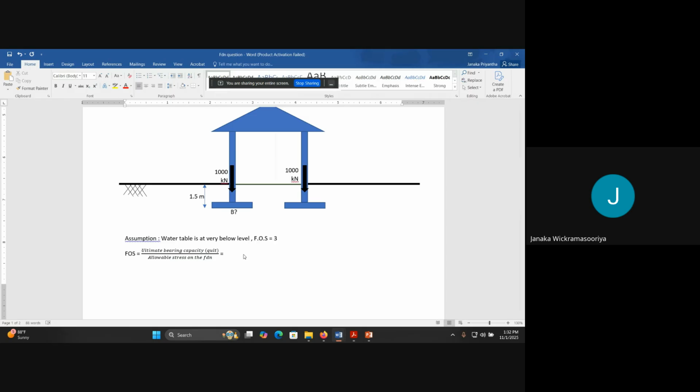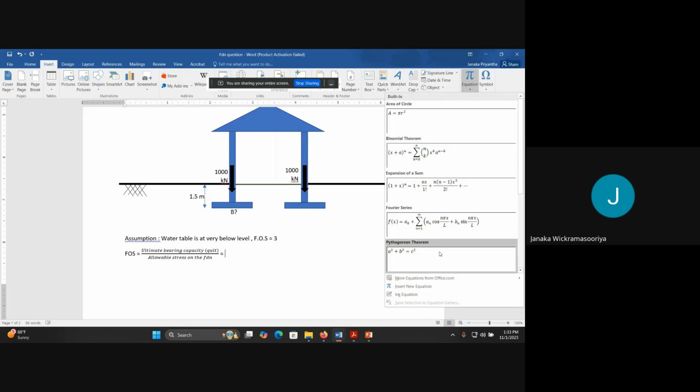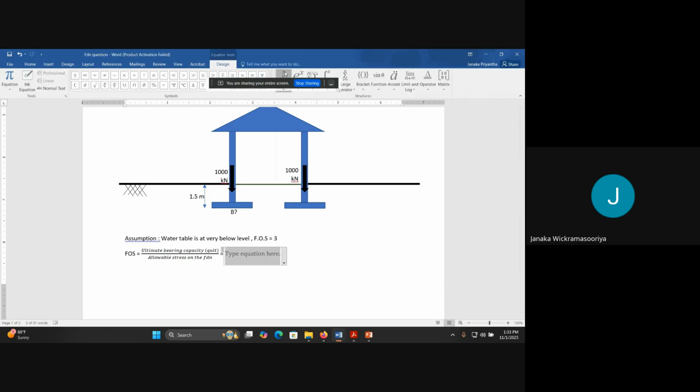Therefore, the ultimate bearing capacity Q ultimate has to be found from the equation, you can use Meyerhof equation or Terzaghi's equation. You can use whatever equation. Therefore, for the numerator, you can use Terzaghi's equation or Meyerhof's equation.